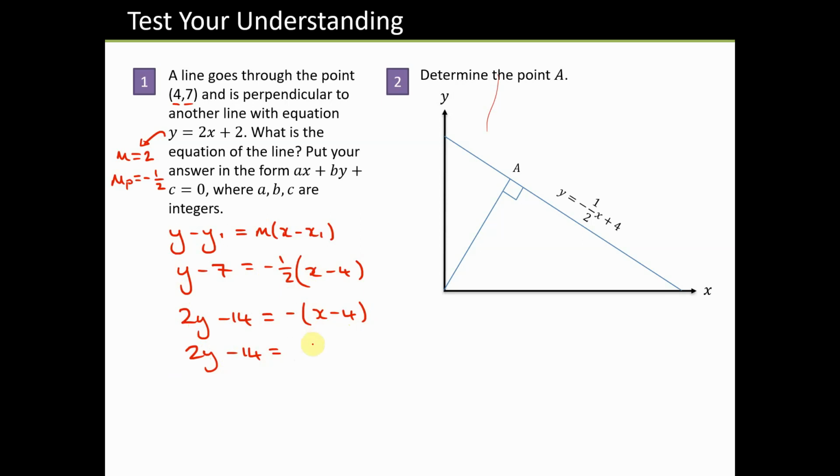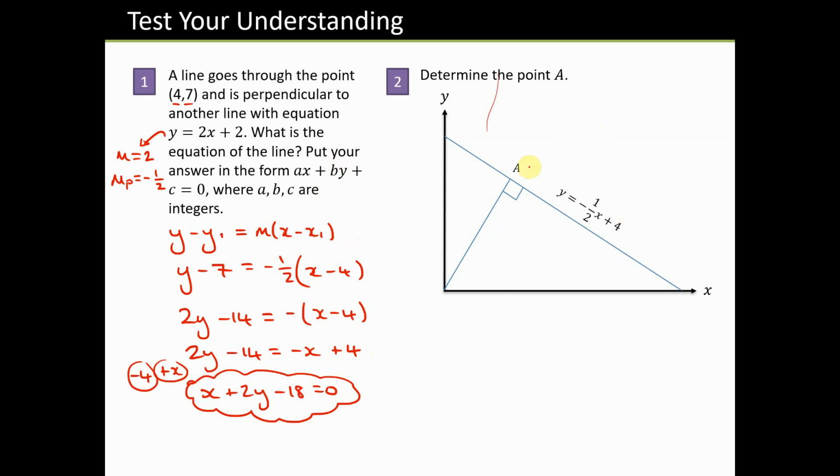I think I prefer to do it this way. So undoing the negative in this bracket, we need to times everything by minus 1, so that would be minus x, and that would be positive 4. Now let's add x to both sides, and also at the same time let's take away 4 from both sides. So x plus 2y minus 18 equals 0. So that's going to be our answer. That's all we were asked to do.